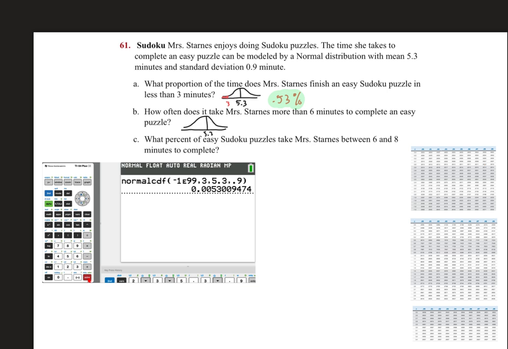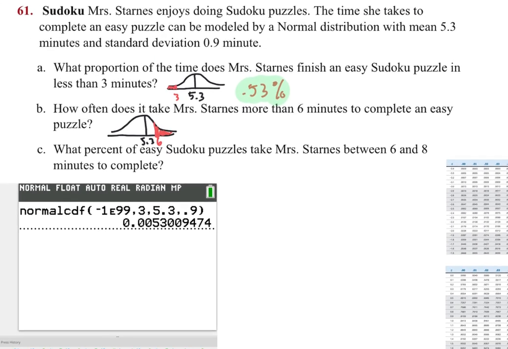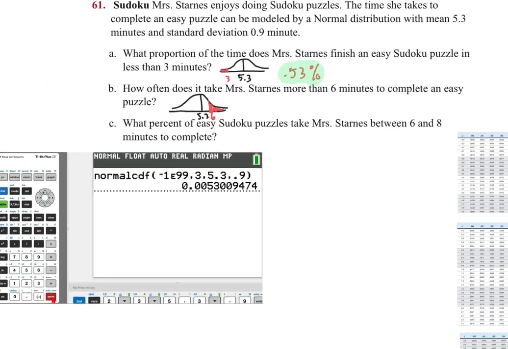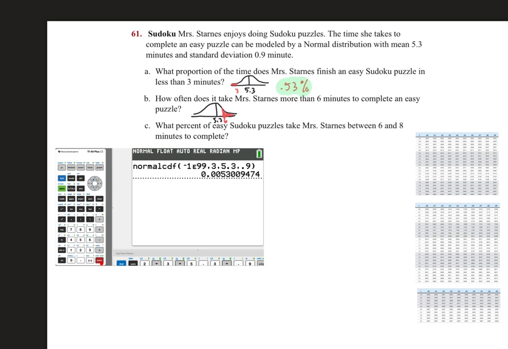Okay, there's 5.3. And then more than 6, so it'll be around there, 6. And that's what we're looking for right there. So now 6 is going to be our lower, and our upper is just going to be a big positive number. Let's do that in the calculator.